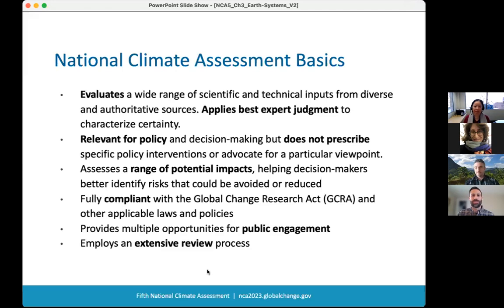USGCRP is charged with assessing current trends as well as projections for the next 25 to 100 years. The NCA is used by organizations and individuals for a variety of purposes, including national policy making, risk management in the private sector, local mitigation and adaptation planning, as well as by practitioners, utility managers, and educators, just to name a few.